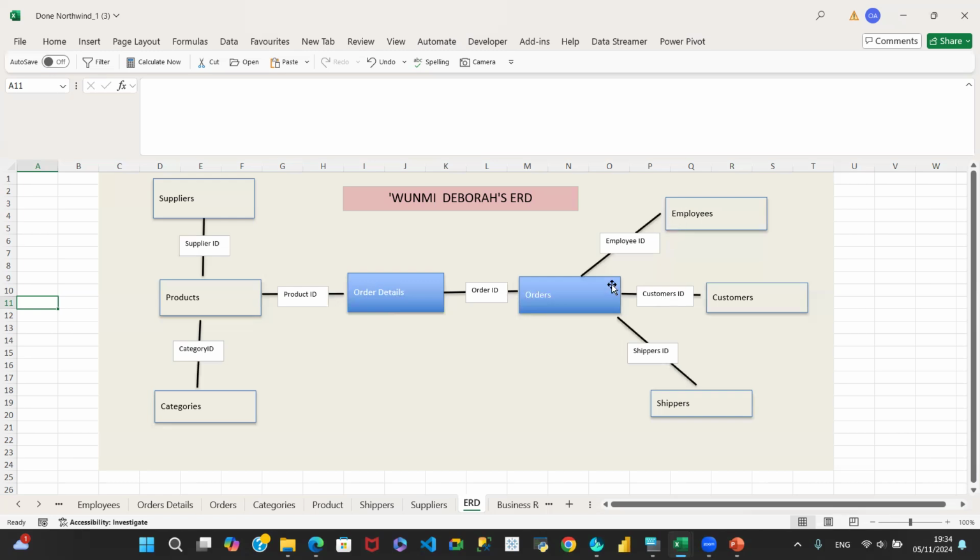The same goes for employee. And the same goes for these two. These are where they are related. Now, what happens here is if categories table were to communicate with order details, it would need to go through products table, because can you see it's not forming any direct relationship with order details. So it would need to go through products table first, and then from products table to product ID.